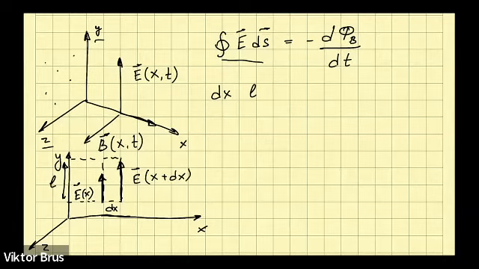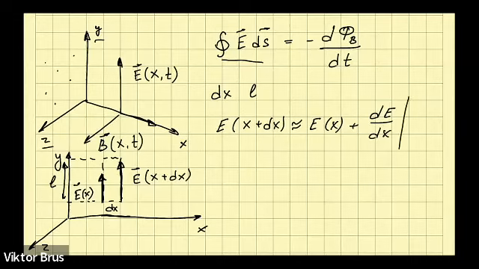So we can write that E at x plus dx should be approximately equal to E(x) plus the first derivative of electric field over position at constant time, meaning we consider some instant of time, times dx.